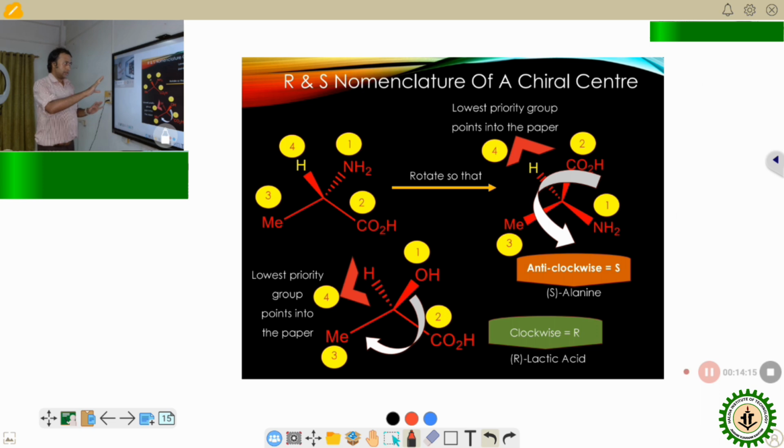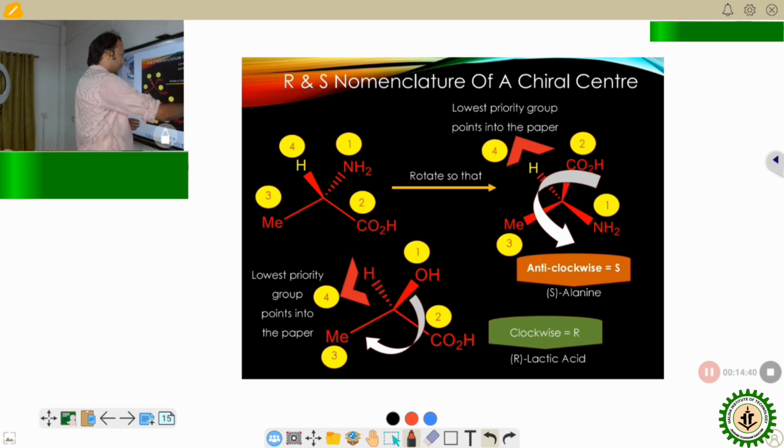Now this is the structure or the conformation we are going to use to determine R. Is it R or S? Okay. So let us see what is the rule there. Now if we see 1 is this, 2 is this, 3 is this, and now we consider mentally how the rotation occurs. So mentally we see it is rotating like this. So this is an anti-clockwise motion, right?